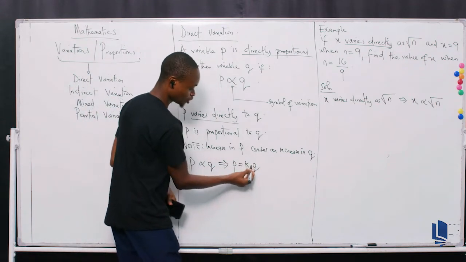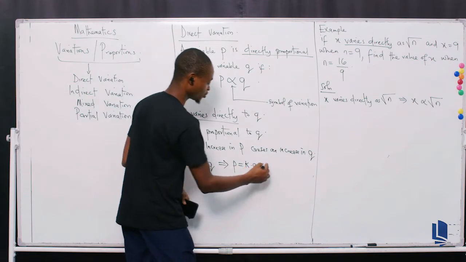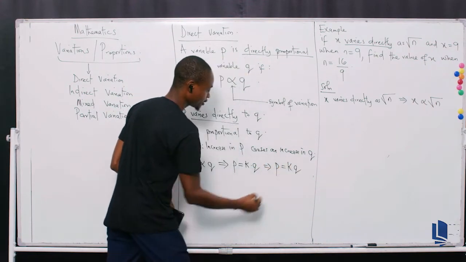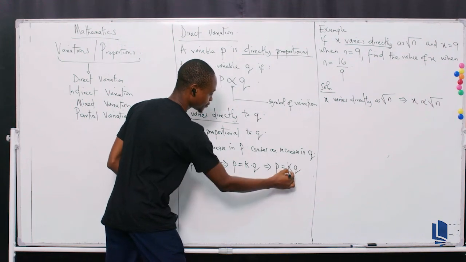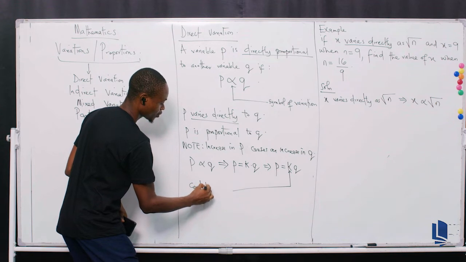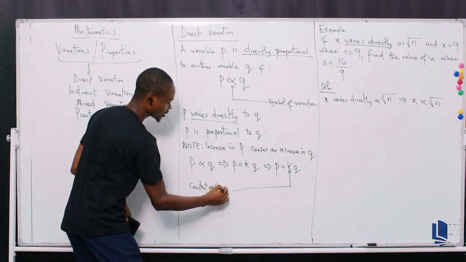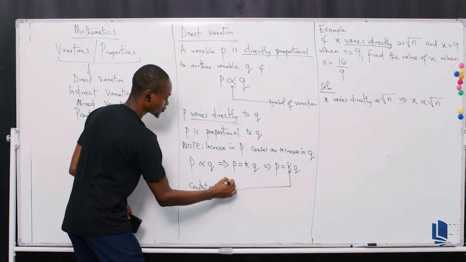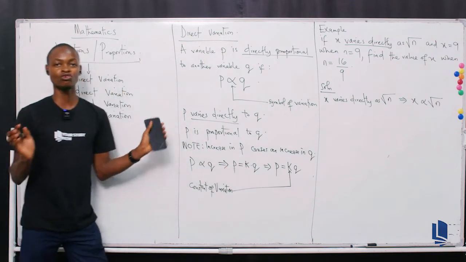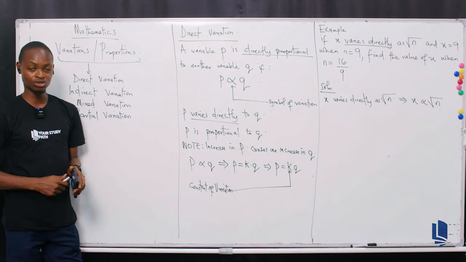So this dot here is just the multiplication symbol. So I'm saying P is equal to KQ, where this K is the constant of variation. So now I can use this to solve my problem altogether.